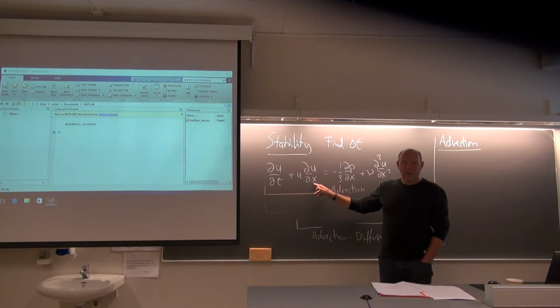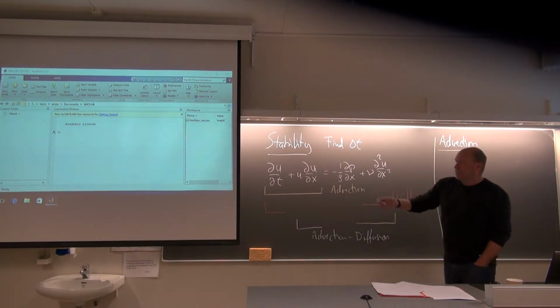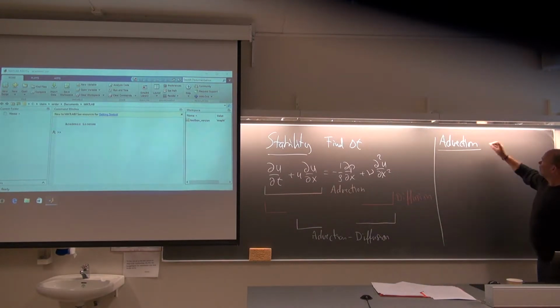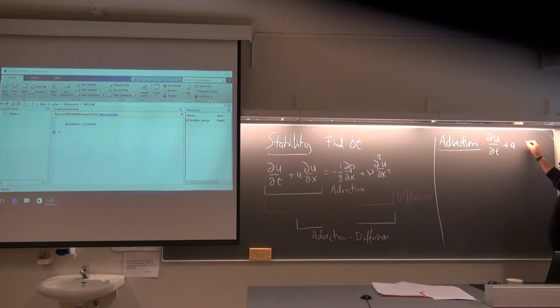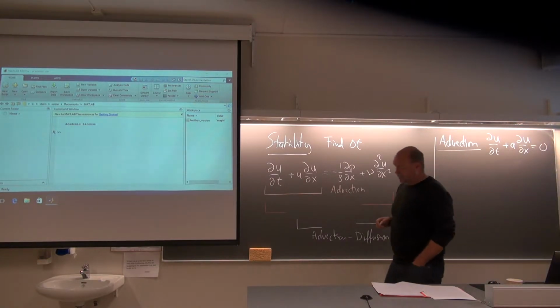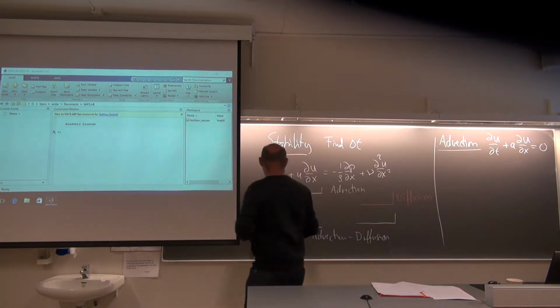You can't really do any analysis with a non-linear term, so we cheat, we linearize. This velocity in front of the derivative, we call something else. So we write du dt plus a du dx equal to 0. This is a linearized version of the advection equation.